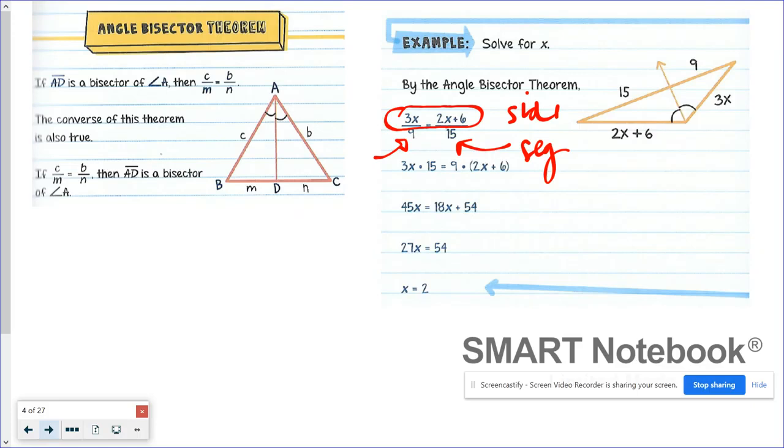I kind of like the side over segment because honestly, you can see these ratios when you look at the diagram. They're right there. The bottom line is they are in a proportional relationship. So as long as our proportion is set up properly, it's all good. So they went the side over segment route, and they ended up getting that x is 2.